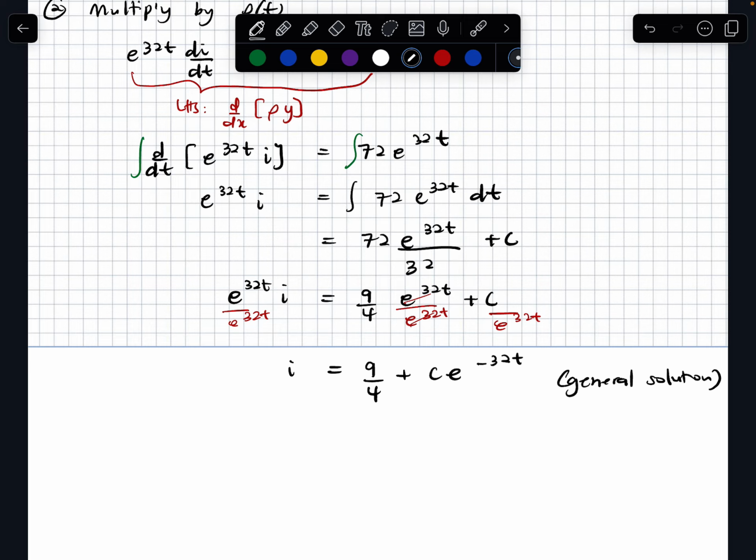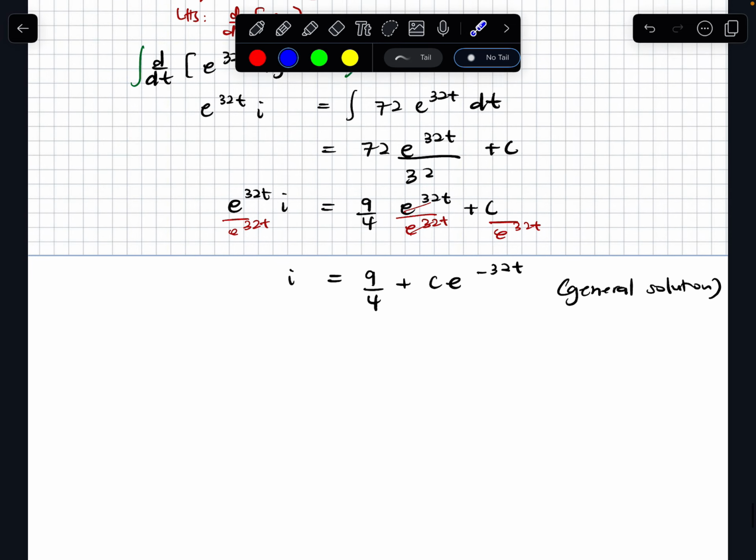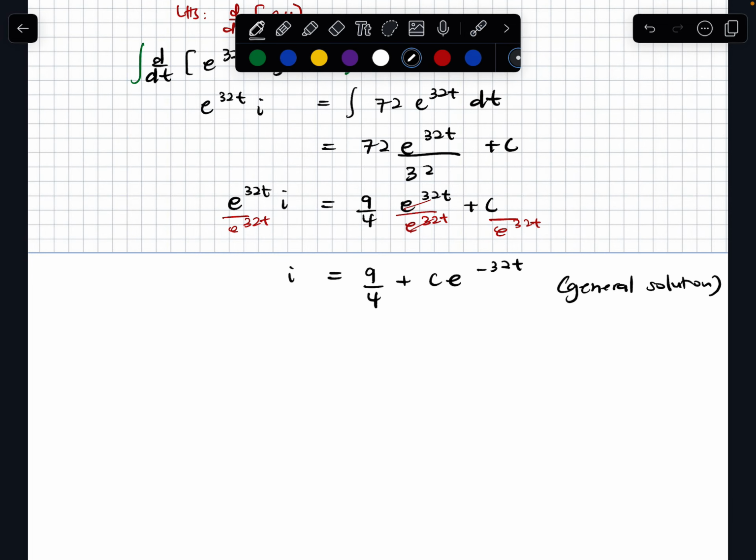So this is your general solution, where the solution involves C. We have one unknown here, which is C. You can find C by using the initial condition we set earlier from the problem, I(0) equals 0, meaning that at t equals 0 the current is 0.